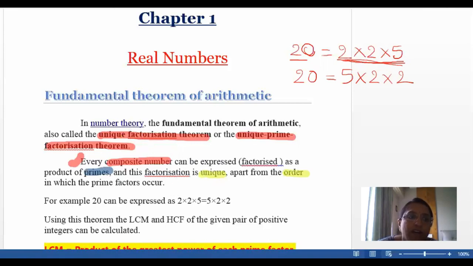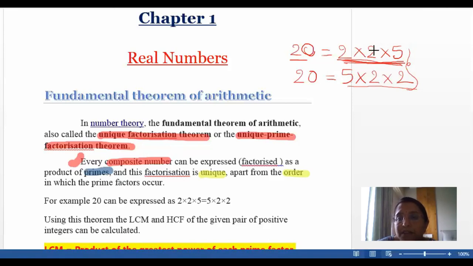What is order? Here I have written 2 into 2 into 5, and here 5 into 2 into 2. But the numbers are the same in both. The only difference is the order of the numbers. Here 5 is the last factor and here I have taken it first.